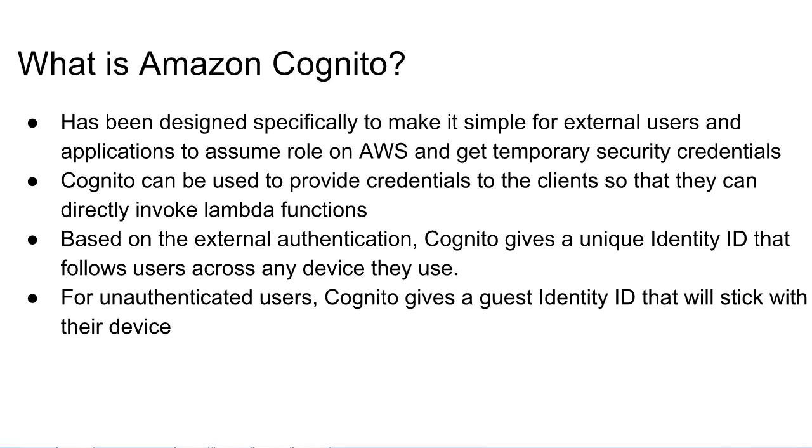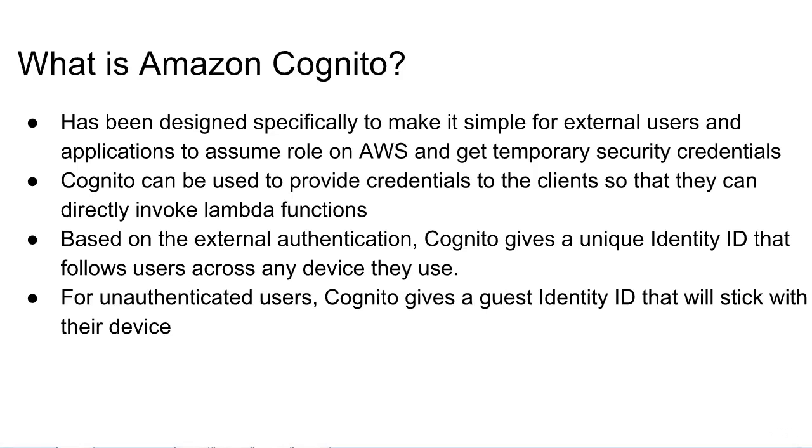Amazon Cognito can be used to provide AWS credentials to the client so that the client application could directly invoke AWS Lambda functions. We will see an example of that in this section. And you can use the same approach to protect the web APIs exposed by Amazon API Gateway as well.